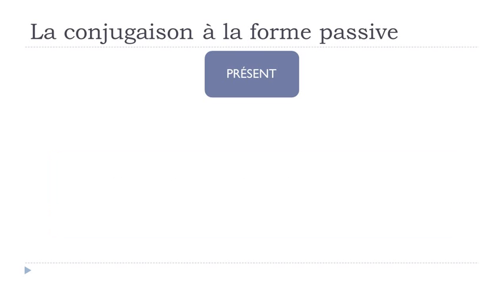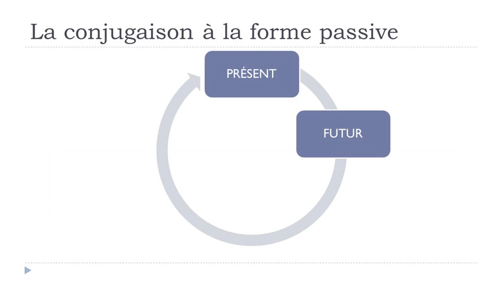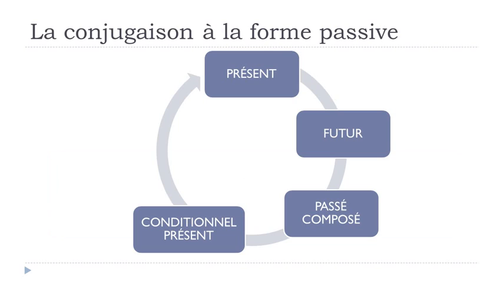So remember, that we will see in this lesson le présent, le futur, le passé composé, le conditionnel présent, and then l'imparfait. These are the verbs that we already covered in the previous lessons, okay? So that's the reason why we will try to see how they go at the passive form, all right?